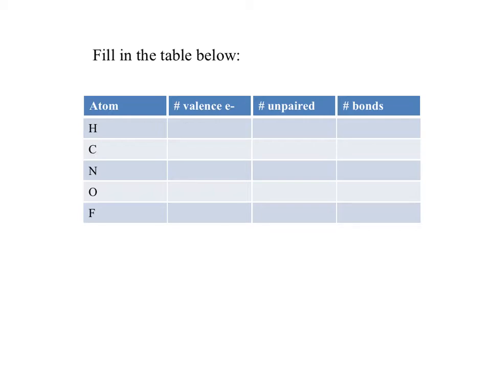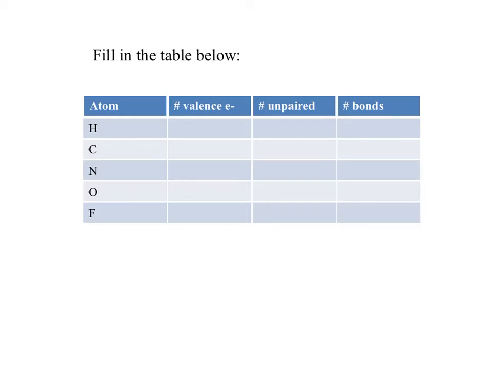So the key to thinking about how many unpaired electrons an atom has is to recognize that in the valence shell, the electrons are going to be unpaired first, and then we're only going to start pairing electrons when we have to.